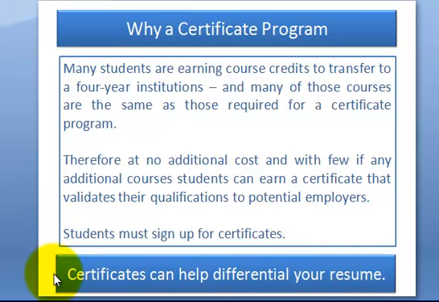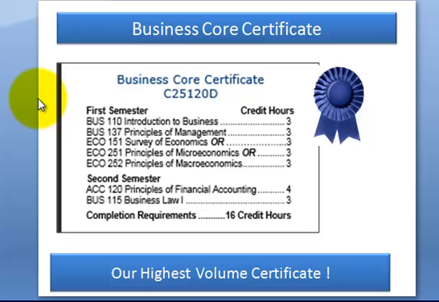But these certificates can be very helpful in differentiating yourself on your resume. So the most common certificate is what's called the Business Core Certificate, and it's very common because it follows very closely to the degree program, i.e., most students will complete these courses, the Business 110, the Business 137, etc. Notice you can get a certificate in as little as 16 hours.